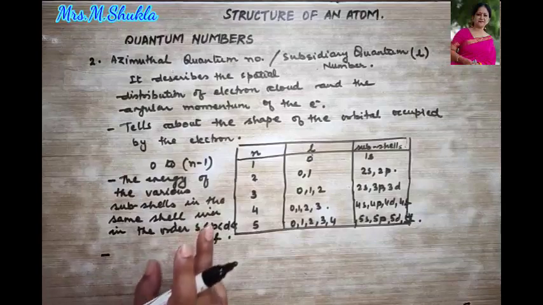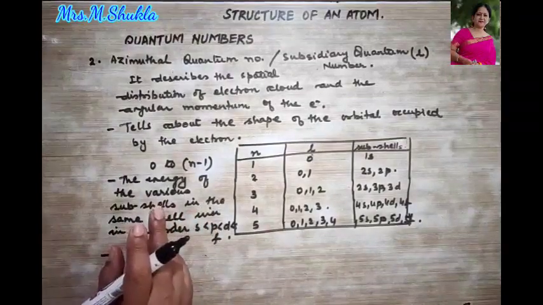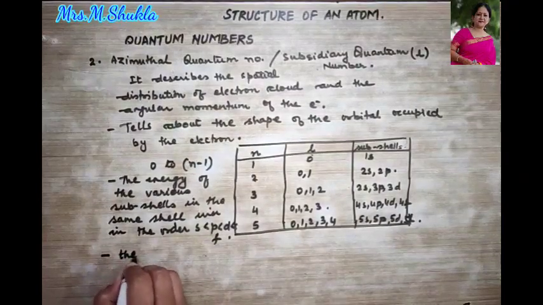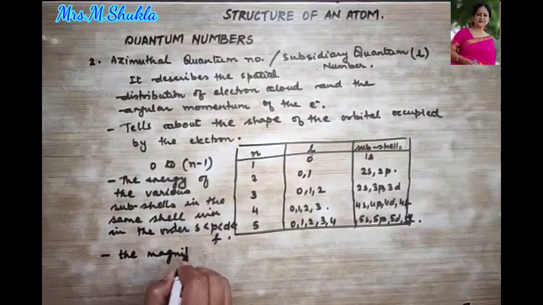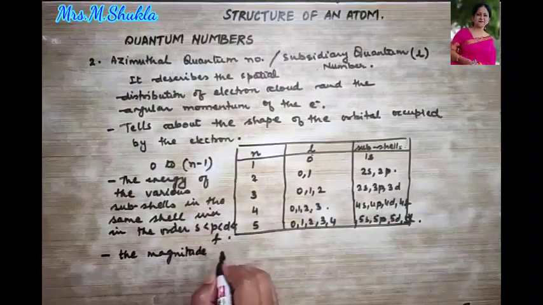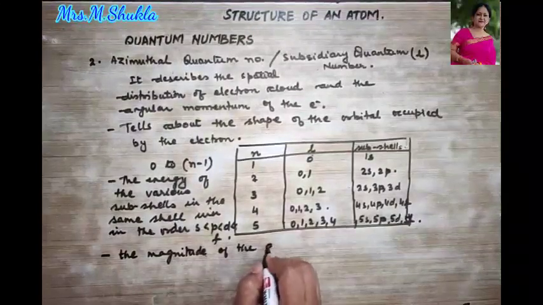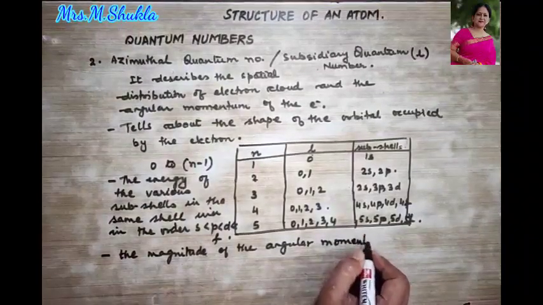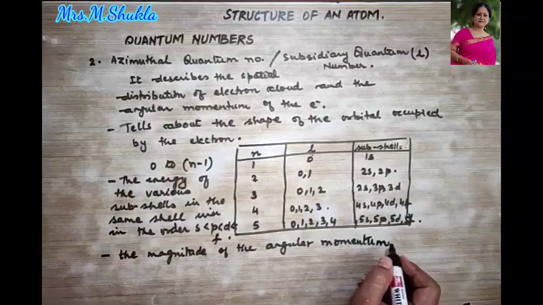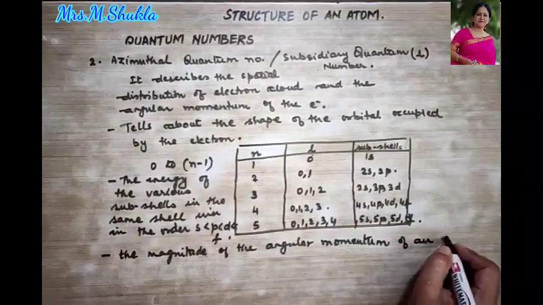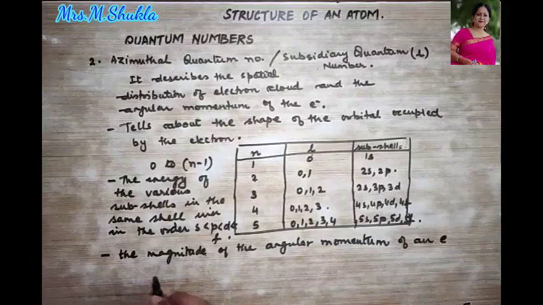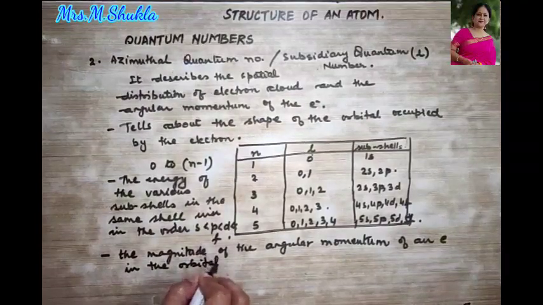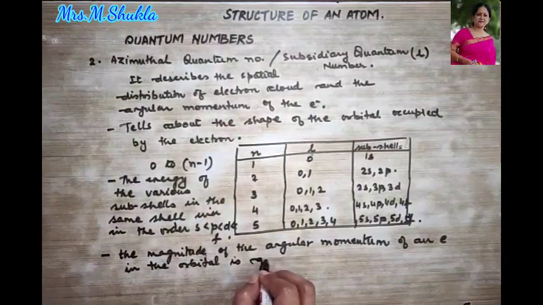The magnitude of the angular momentum of an electron in an orbital is always given by a formula.